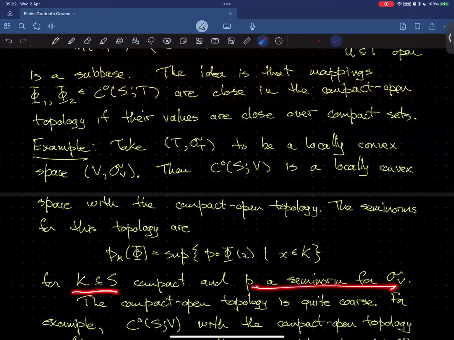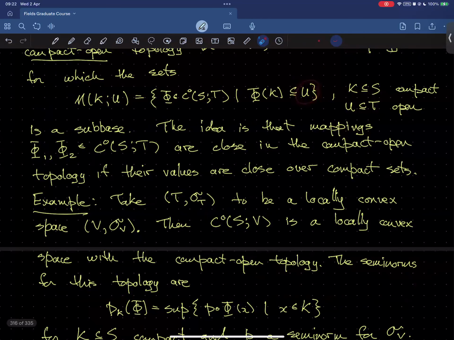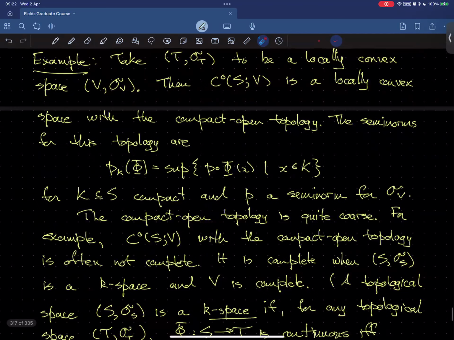The idea here is that the semi-norm defines my open set U, and then the compact sets are the compact sets. Given a semi-norm P for V and a compact subset K of S, I define a semi-norm, which I call P sub K, in the following way.